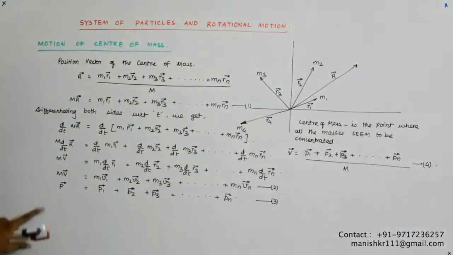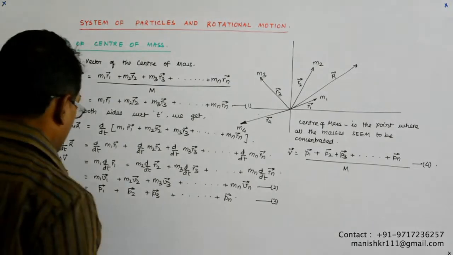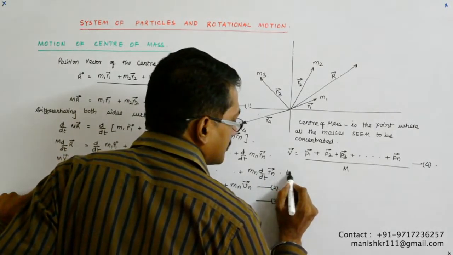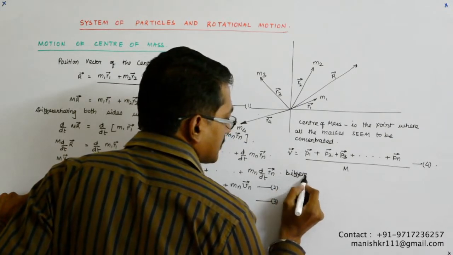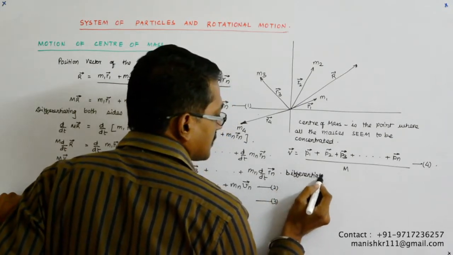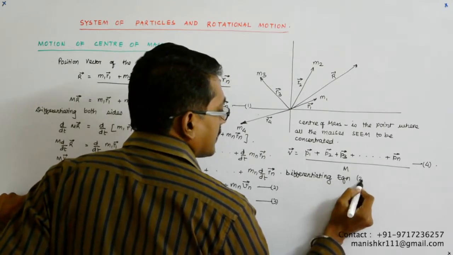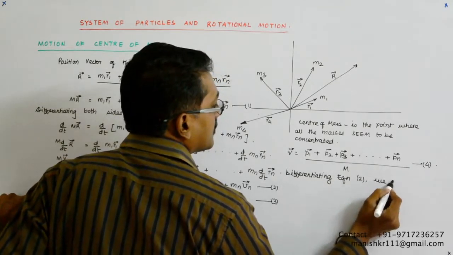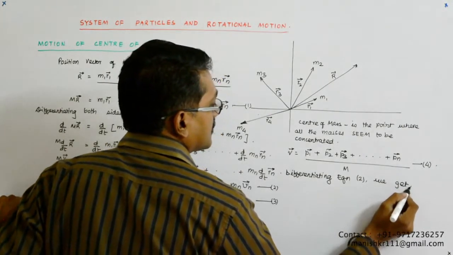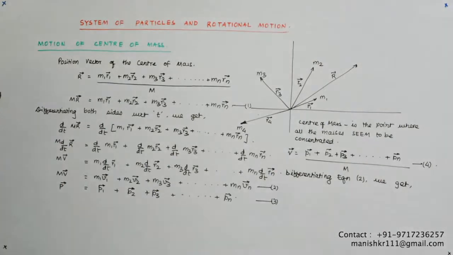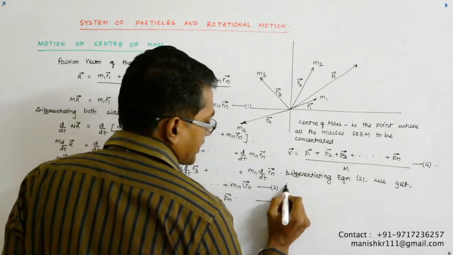Now if I differentiate this, differentiating equation 2, we get, what do we get? Again I get the same thing, but I'll not go through so many steps.